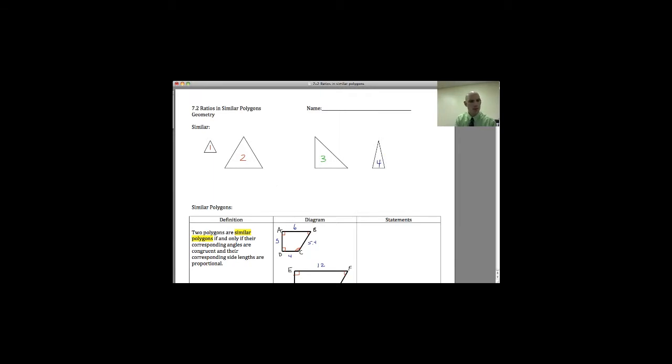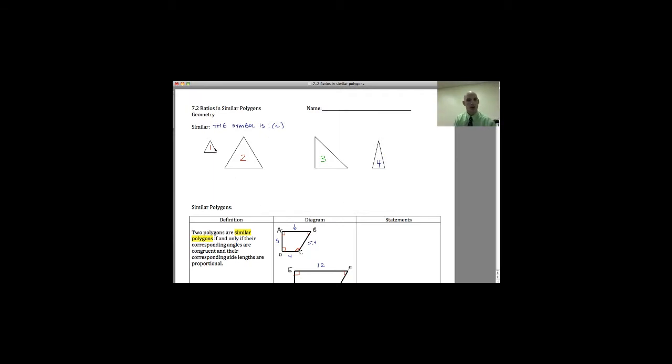And what we need to remember about things that are similar is that the symbol for similar is the tilde, okay, the little squiggly line which we normally put above the congruent sign.